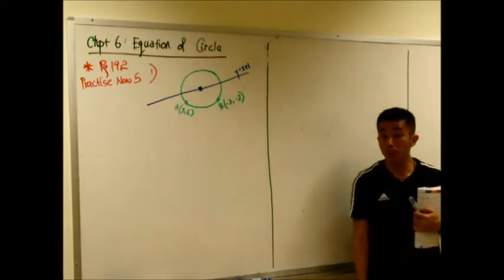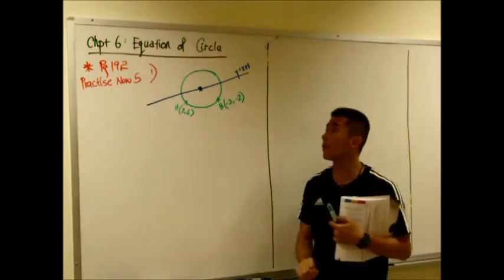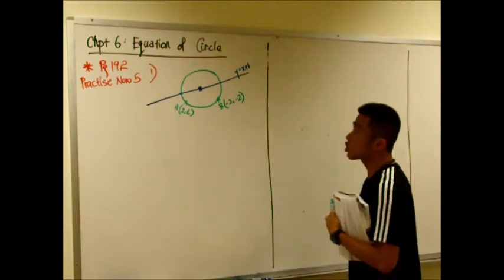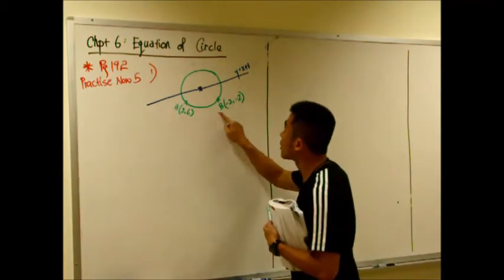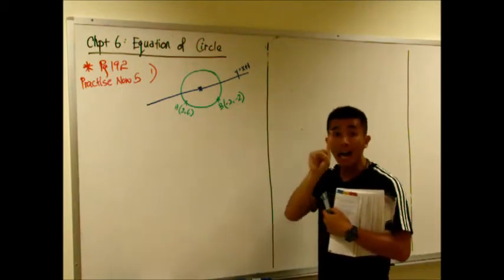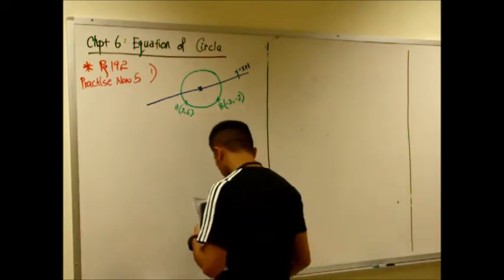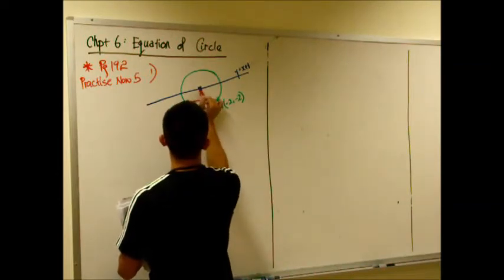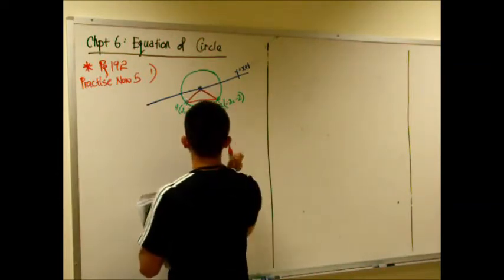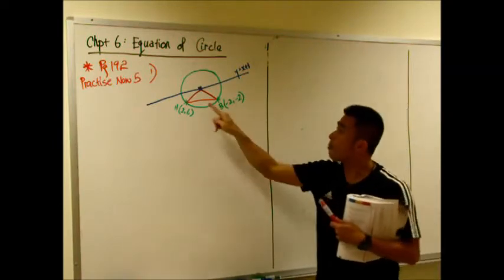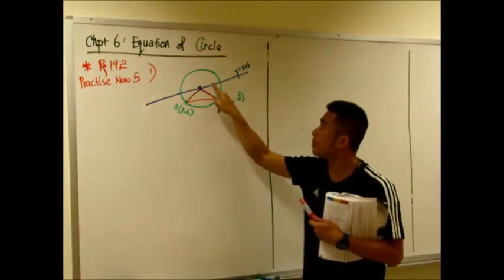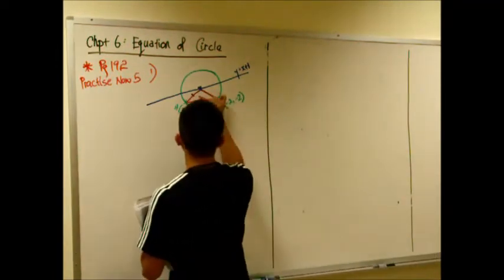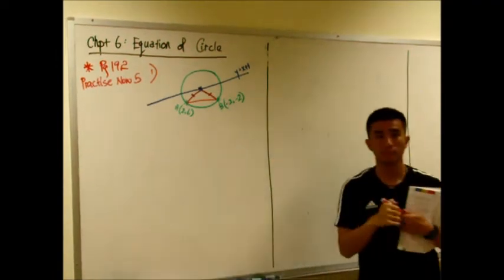As mentioned previously, there are two very important concepts inside here. The first concept is, so long as there are 2 points lying on the circumference of the circle, I can draw a triangle. And you notice, point A to the center and point B to the center are both the radius. So this is an isosceles triangle.